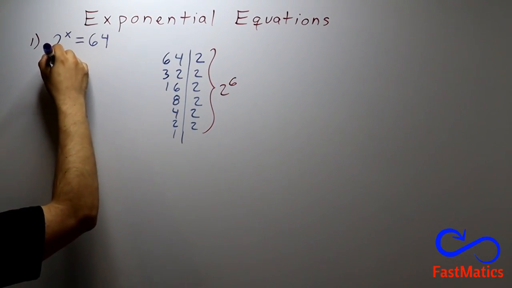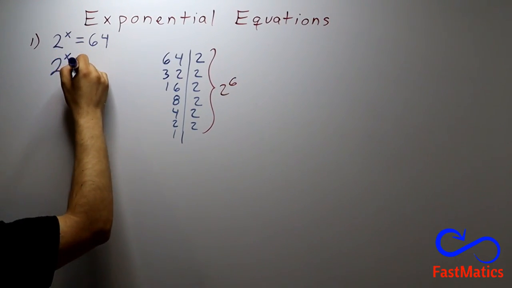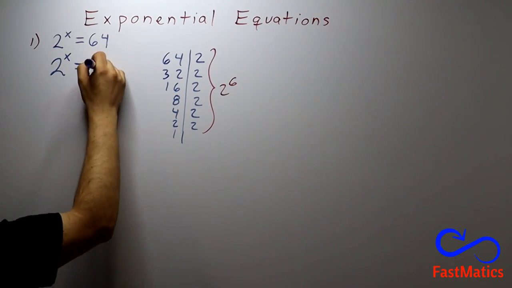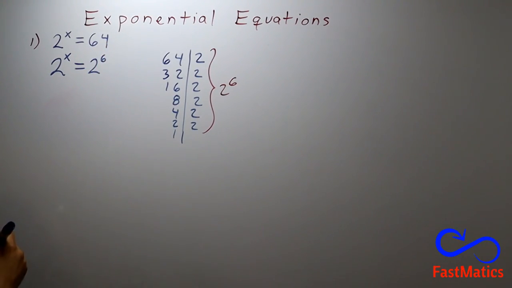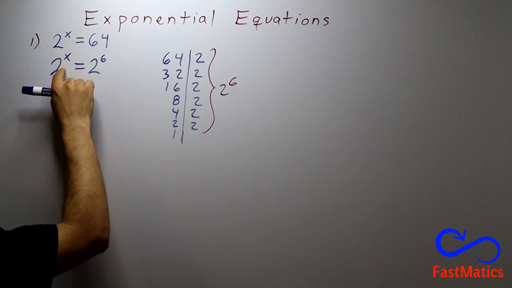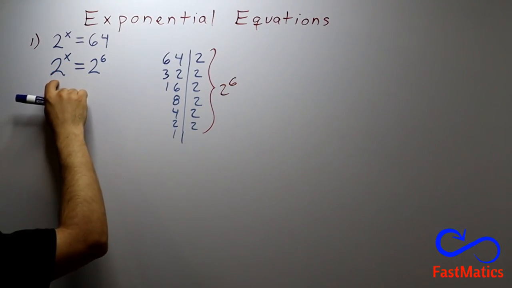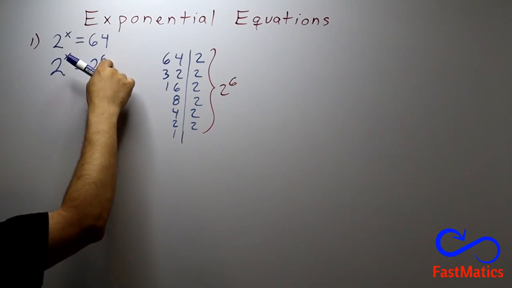Then I can write 2 raised to the x power will be equal to 2 raised to the power of 6. And here it is very simple because you need 2 raised to something to be equal to 2 raised to something.